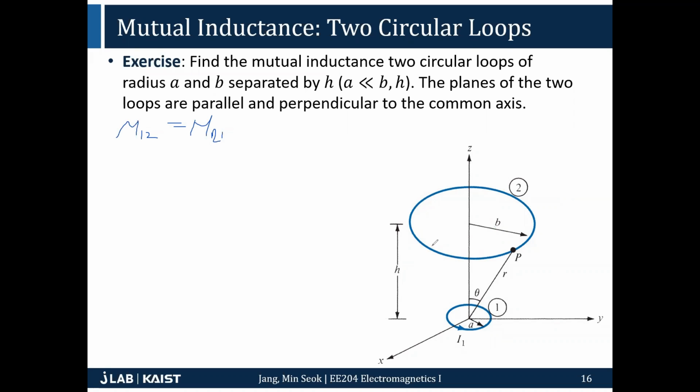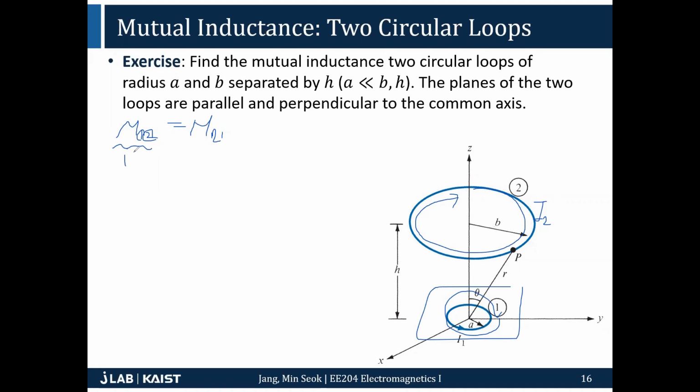So how to calculate this? Let's say you want to calculate M12, which means you want to evaluate the magnetic flux through loop 1 due to current 2, right? So you let this circuit have current flowing and evaluate the magnetic flux in loop 1.